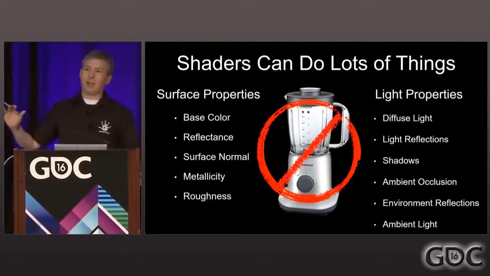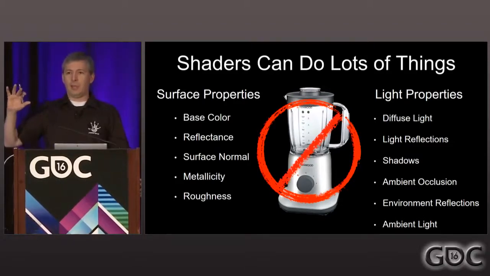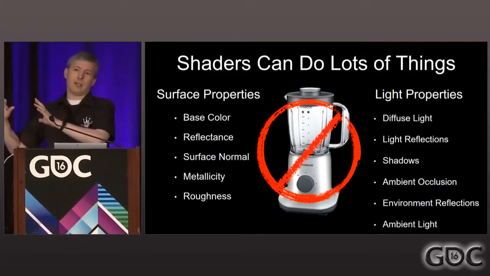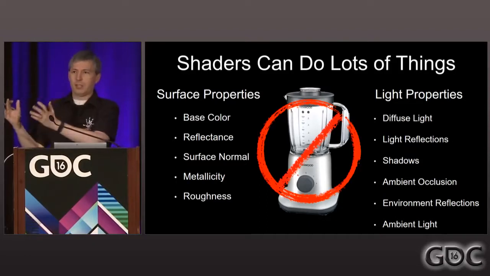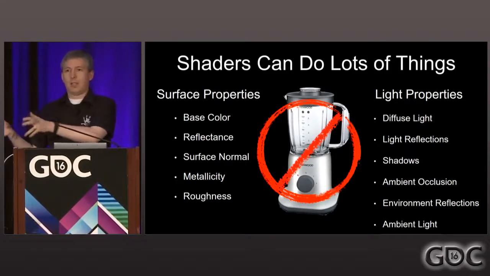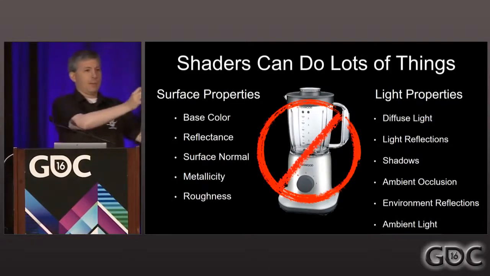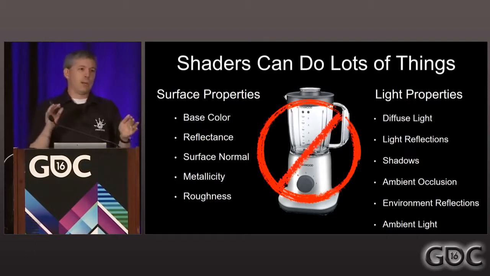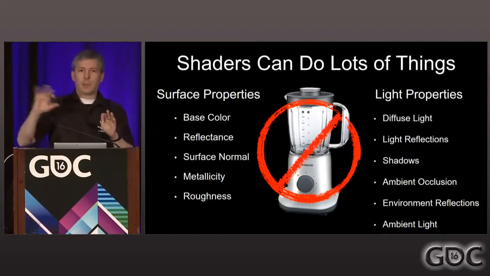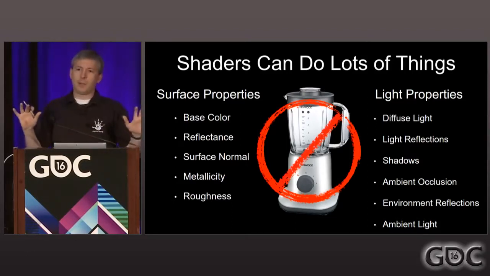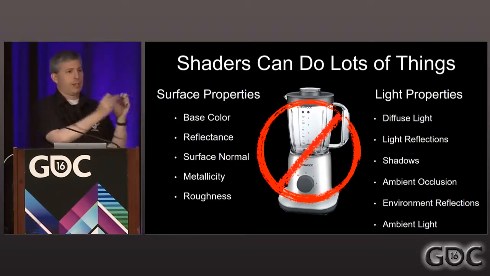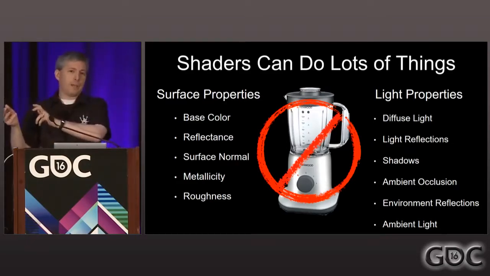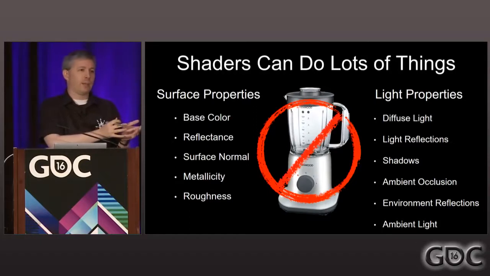If you have a nighttime scene and you paint all of the objects in your nighttime scene with sort of a blue tinted texture, then suddenly those objects only work in the nighttime scene, and you can't take them and put them in your really bright daytime desert scene, right? So it's important that we keep surface properties separate from light properties so that objects can be put in any kind of different lighting environment.